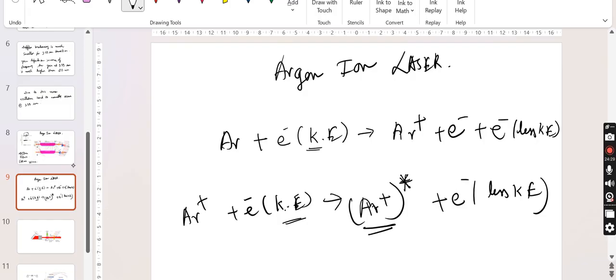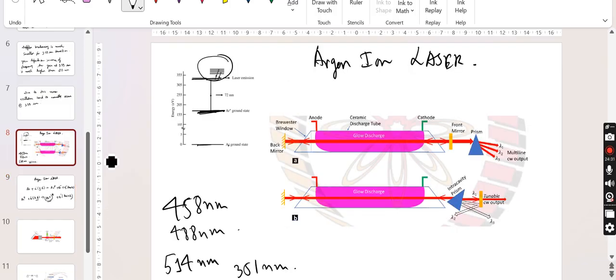And from that state, it will emit a photon, which is a spontaneously emitted photon, and come to this state, which is E1.